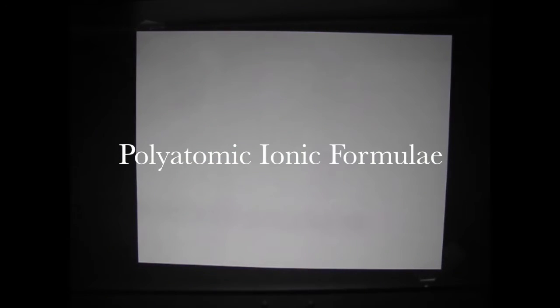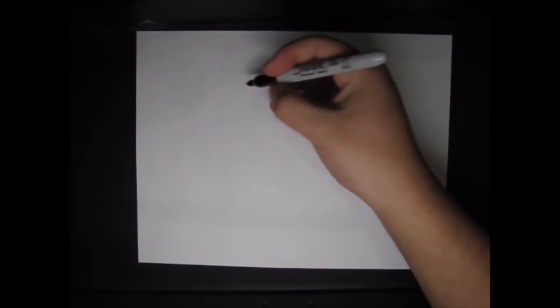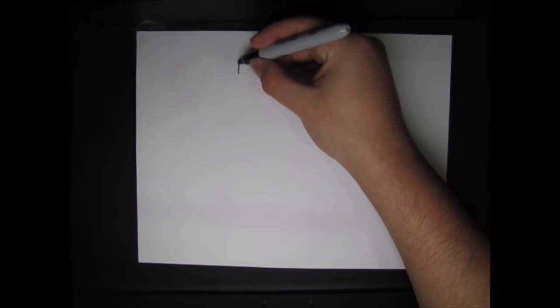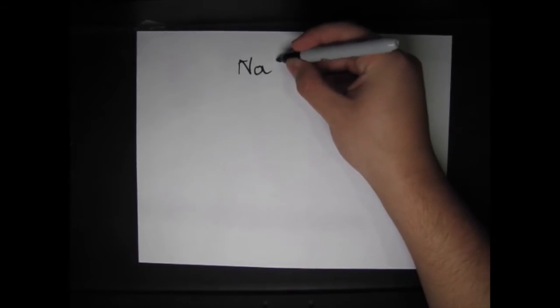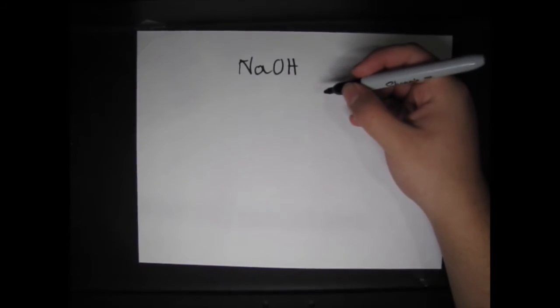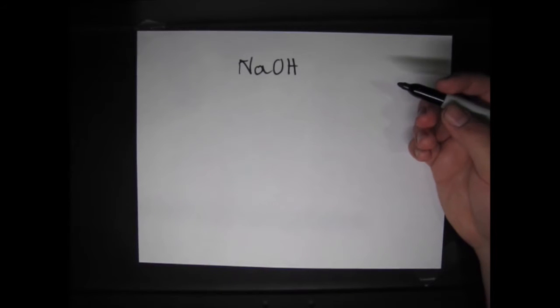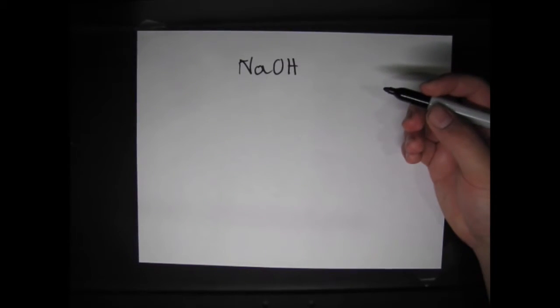Alright, for our next example, we're going to be naming simple polyatomic ionic formulas. And so these ones are actually really easy to do. So let's say you had the example of sodium and hydroxide as your formula to start off with.